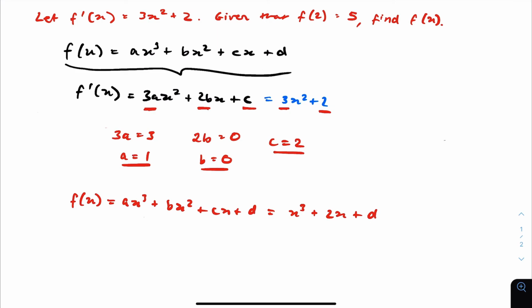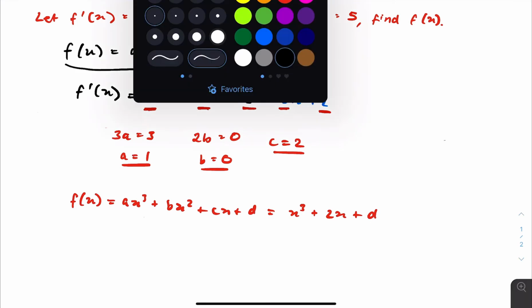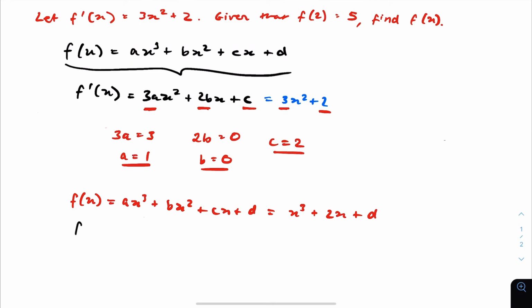Okay, so we're going to use the last piece of information in order to solve this problem. f of 2 is equal to 2 cubed plus 2 times 2 plus d, which is equal to 5, according to the information we're given.